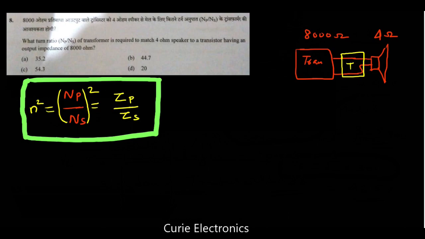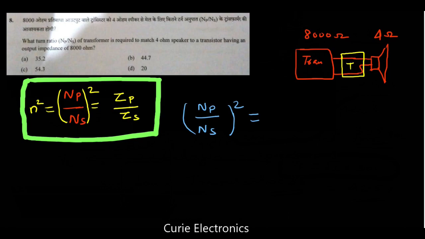So now NP upon NS we have to find. So NP upon NS whole square equals what is given. What is NP?